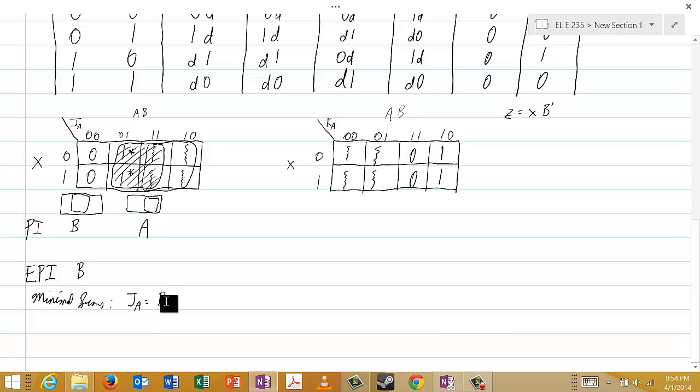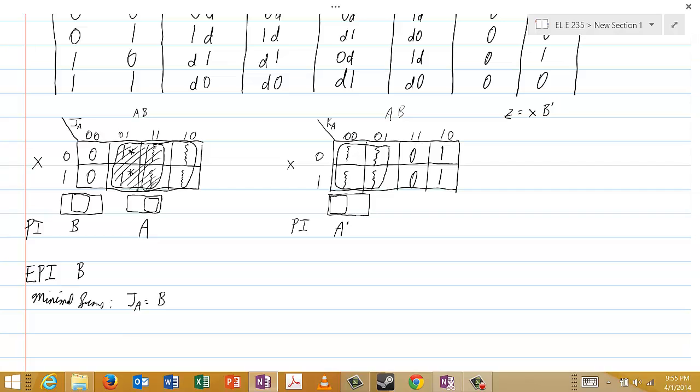Now let's look for the minimal sums for KA. Once again, there are no rectangular groupings of 8 one cells, so we look for rectangular groupings of 4 one cells, and one such grouping is here. And the name of that prime implicant, I hope you'll agree, is A prime.